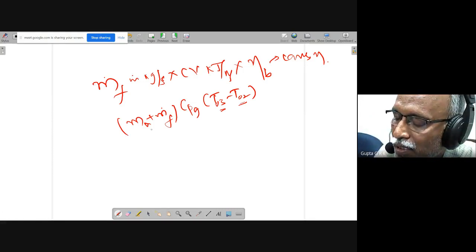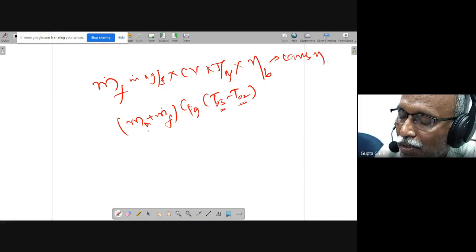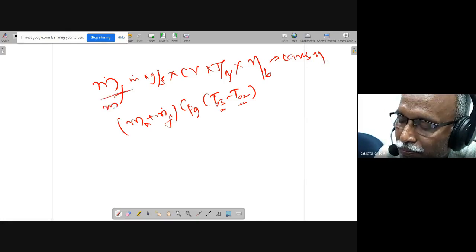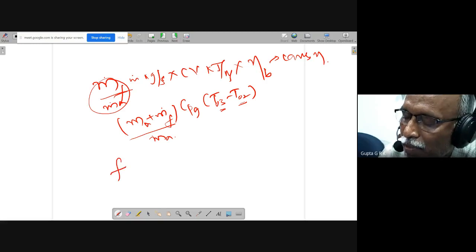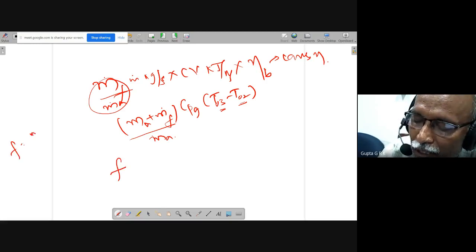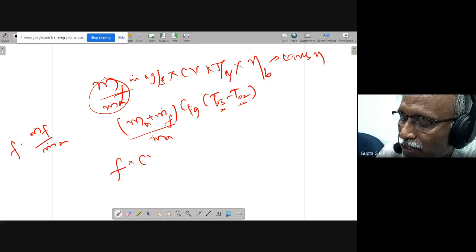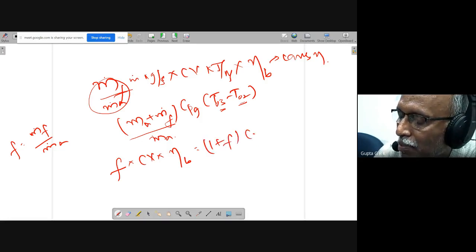And if I divide by m dot A on both sides, this is fuel air ratio, which is given by small f. f is equal to m dot F by m dot A. So f into CV into eta B is equal to 1 plus f, CPG into T03 minus T02.